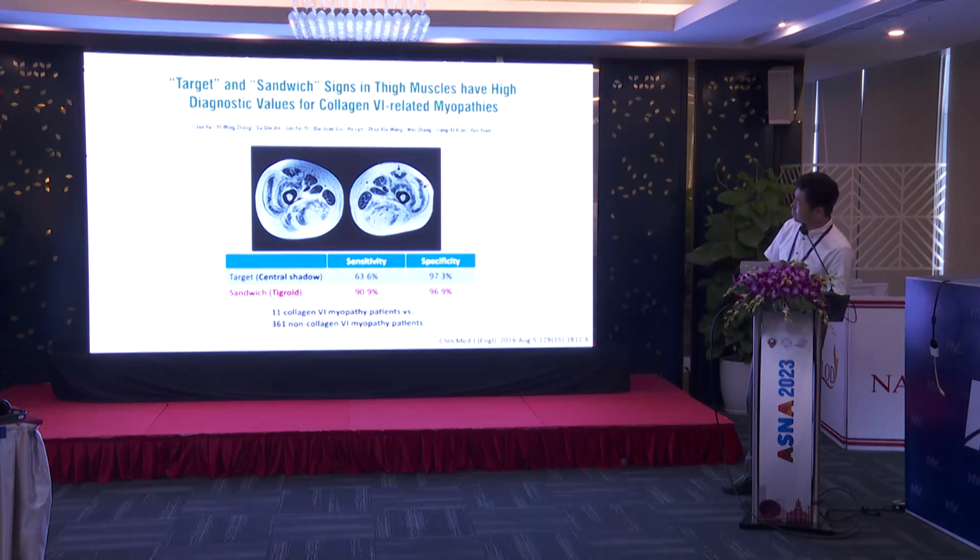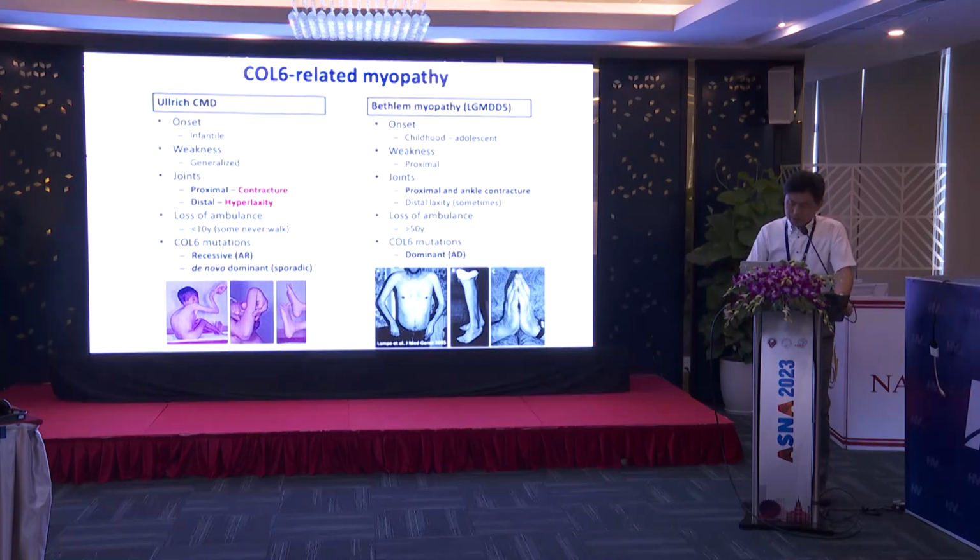And this target, or they call it sandwich, pattern, according to the Chinese group, they say that sensitivity is 90% and specificity is 97% to make a diagnosis of collagen 6 related disease, Ullrich or Bethlem myopathy. So this sign is very useful. Yeah, so this just summarizes the collagen 6 related myopathy or muscular dystrophy, whatever you may want to call it.